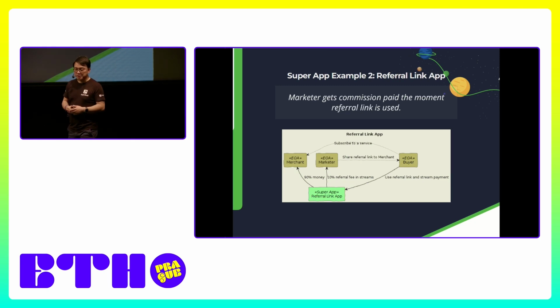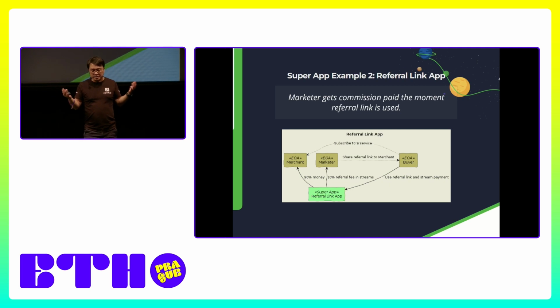Another example is a referral link app, right? There are three actors in this space: the merchant, a marketer for the merchant, and a buyer. The buyer sends a stream of money to buy a service from the merchant through a link shared by the marketer, right?